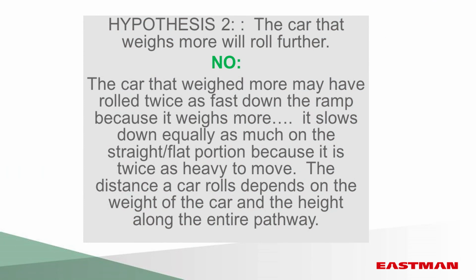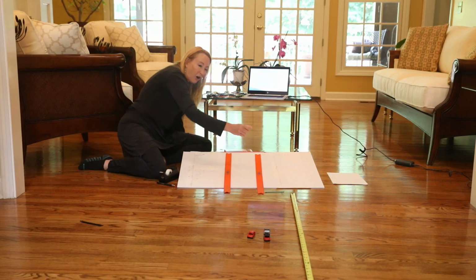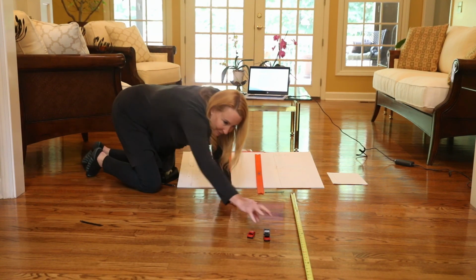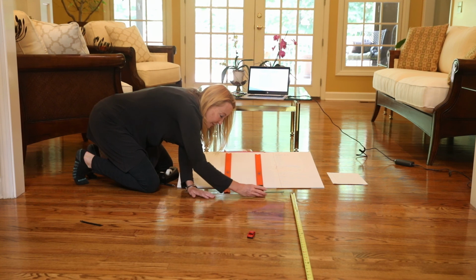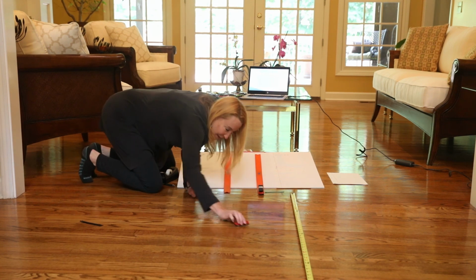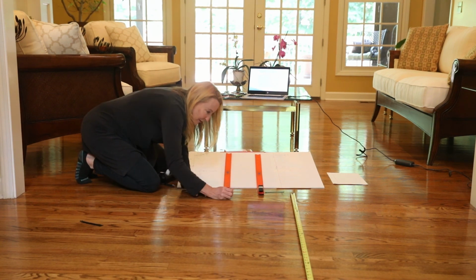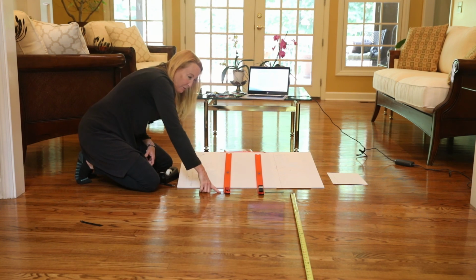no. The car that weighed more may have rolled twice as fast down the ramp because it weighs more. So the car that weighed more, at this point in time, this car may have been going twice as fast as this car, right as it went down the ramp.